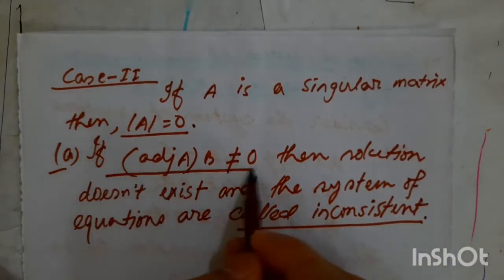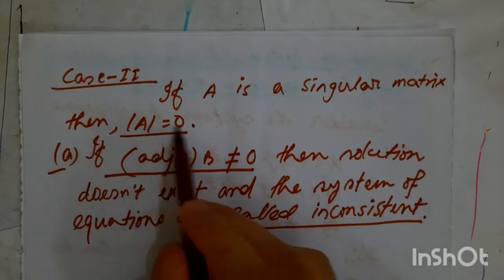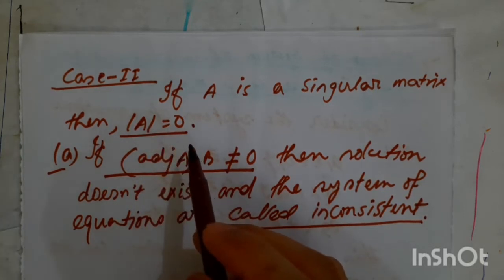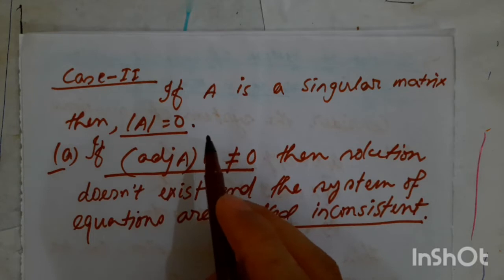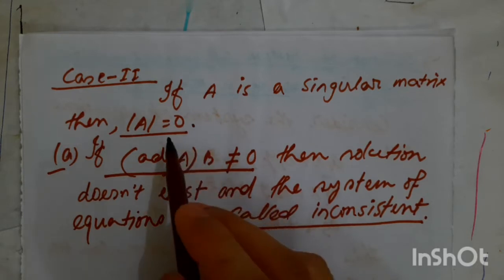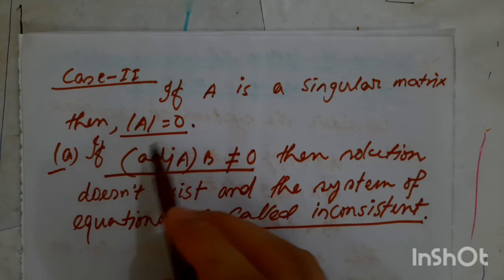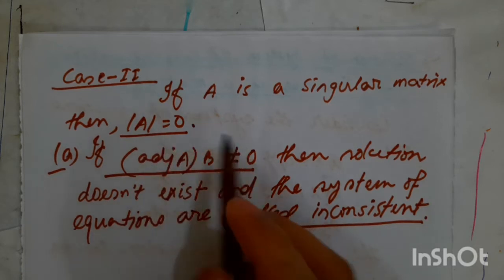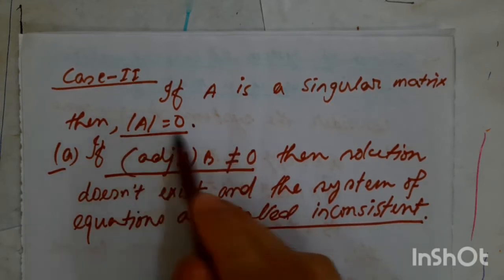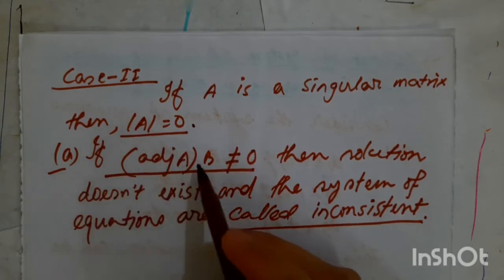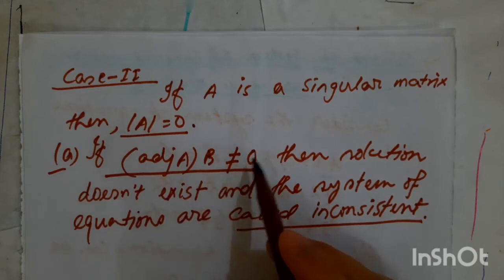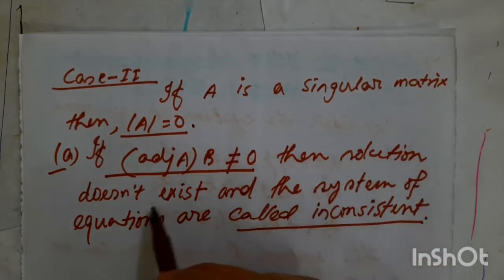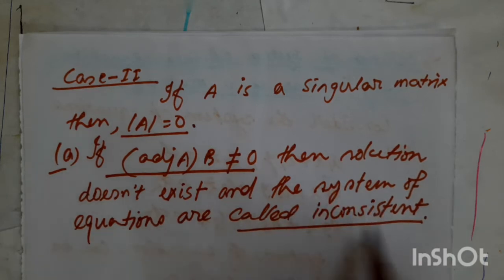Very important, you have to satisfy this condition. Don't think that your solution is completed whenever you get determinant of A equal to 0. After getting determinant of A equal to 0, you have to check adjoint of A into B. After finding adjoint of A into B, check whether it is a 0 matrix or not. If it is not equal to the 0 matrix, then the solution does not exist and the system of equations is called inconsistent.